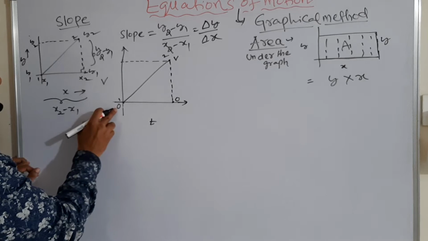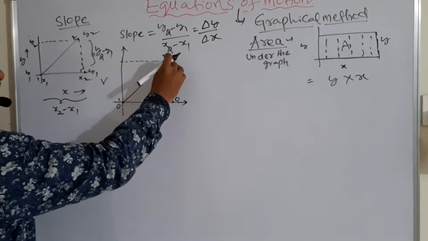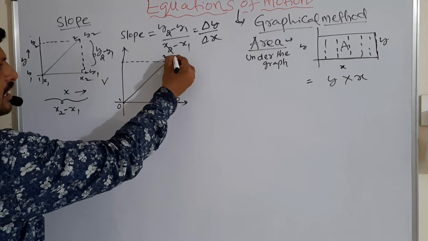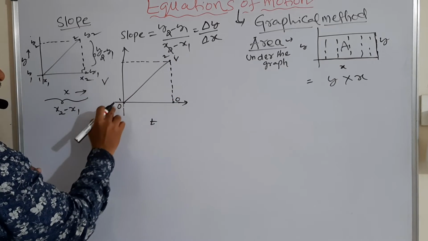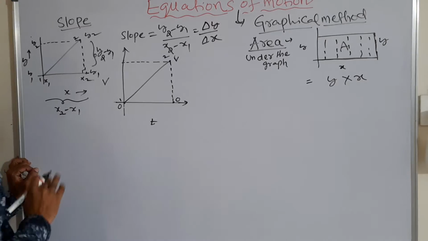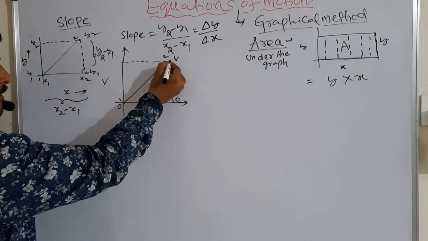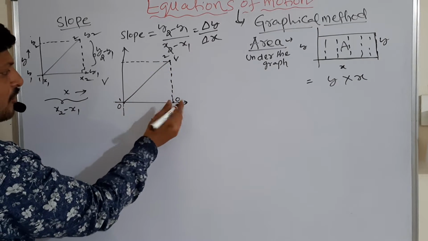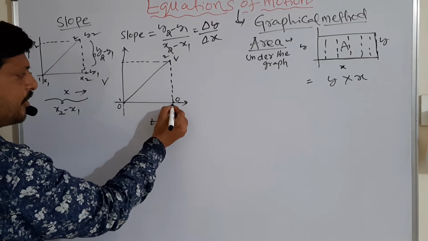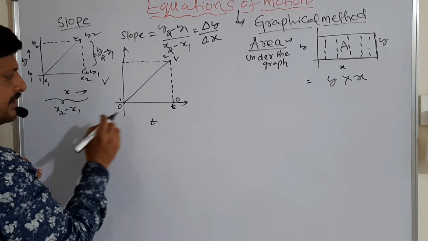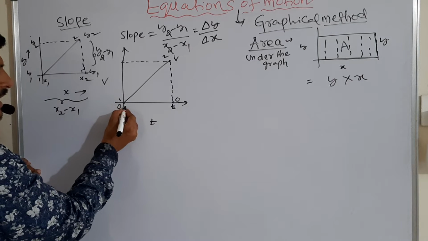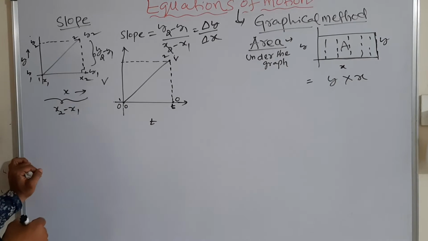So at point 2 on y-axis the value is v. At point 1 on y-axis the value is 0. Next at point 2 find the value on x-axis. At this point the x-axis value is t because x-axis time is given. At point 1 the x-axis value is 0.